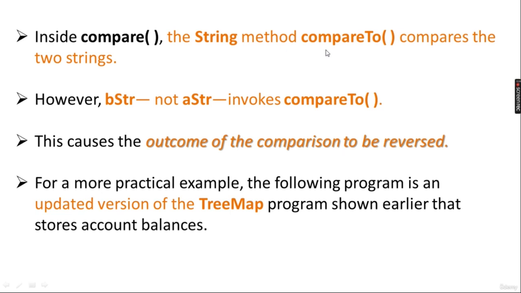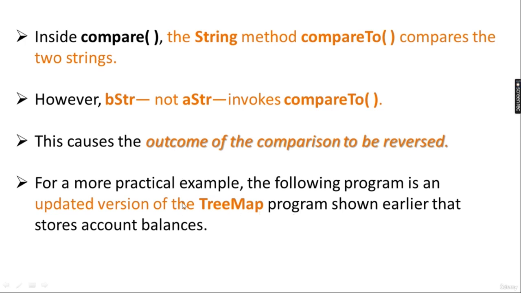Inside compare, the string method compareTo compares the two strings, but b invokes compareTo, that is the second string calls compareTo, and the outcome of the comparison is reversed. So this is the reason why we have the reverse output.